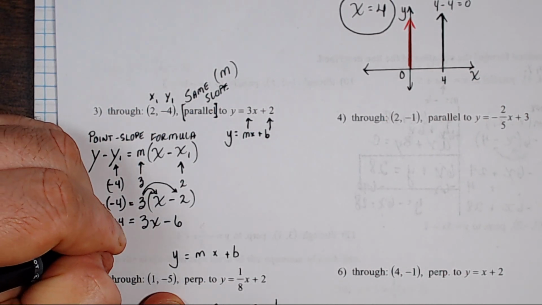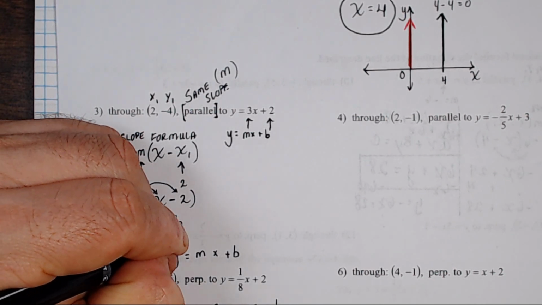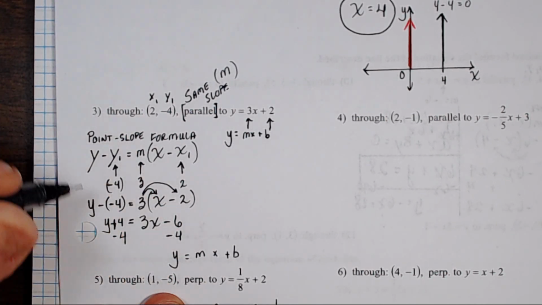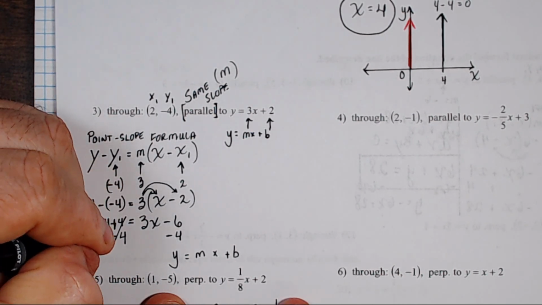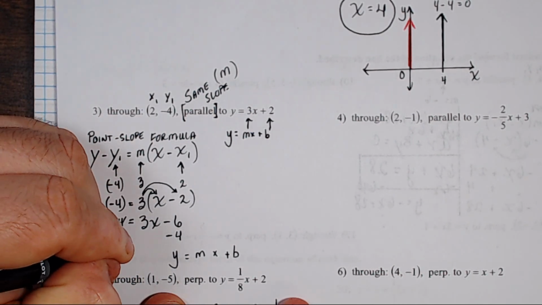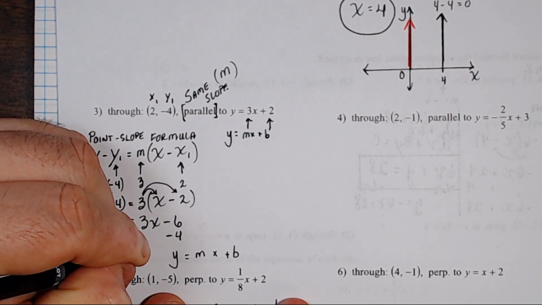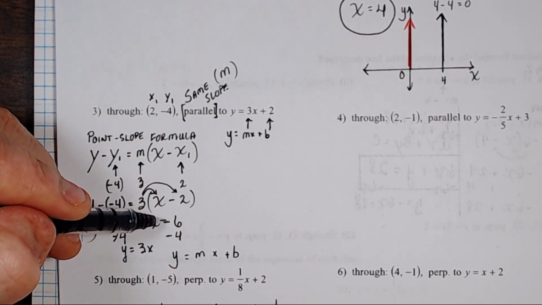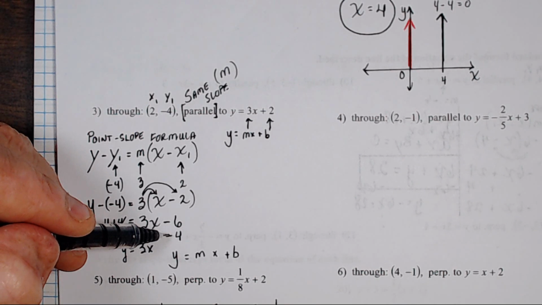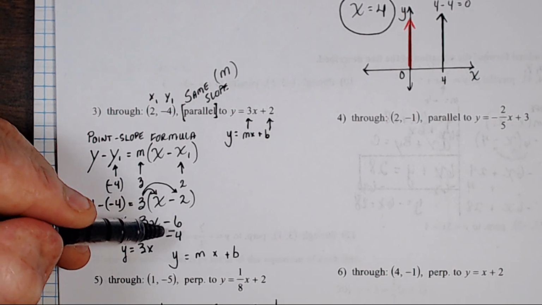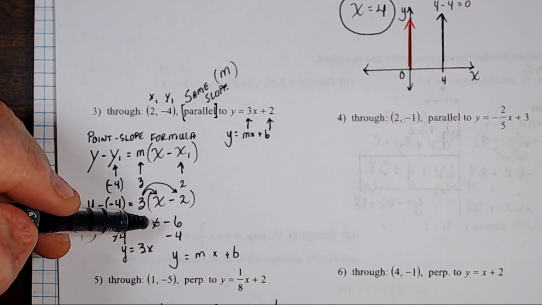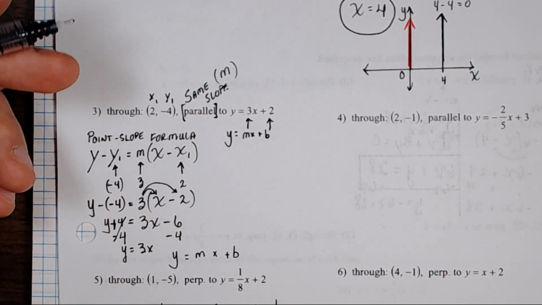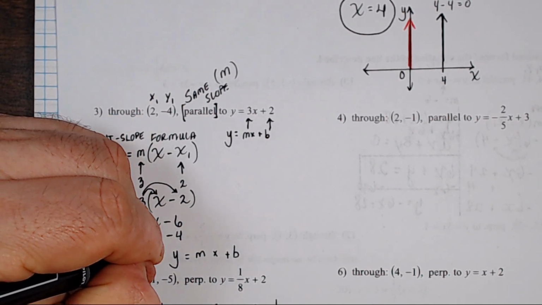So I've got to subtract out the 4 on both sides. 4 minus 4 is 0, so that cancels out, which leaves me with y equals 3x, and then negative 6 minus 4 becomes a bigger negative number. It's almost like adding 6 and 4 and sticking a negative sign in front of it. So that's negative 10. So 3x minus 10.